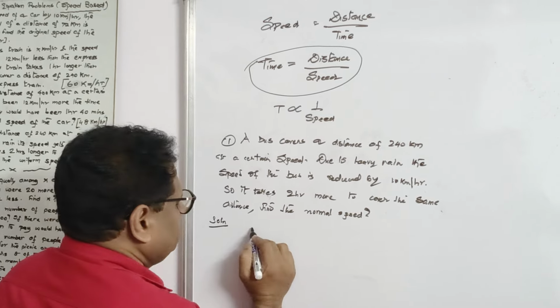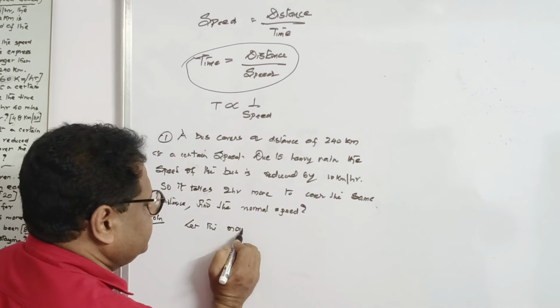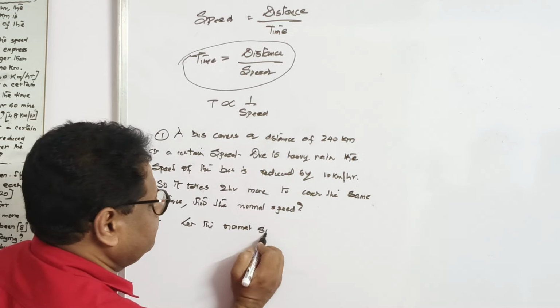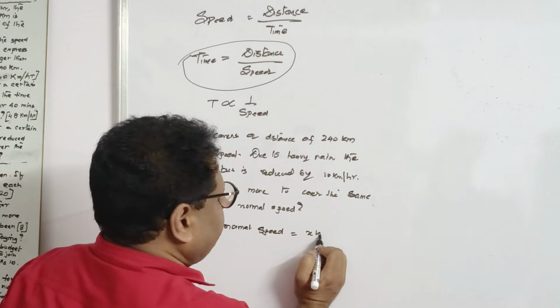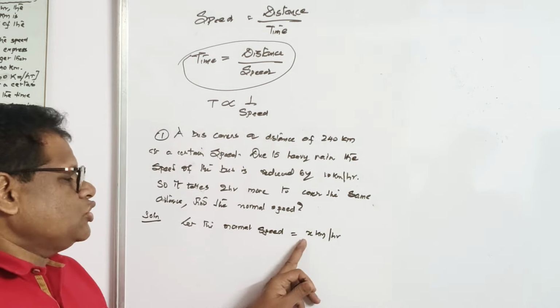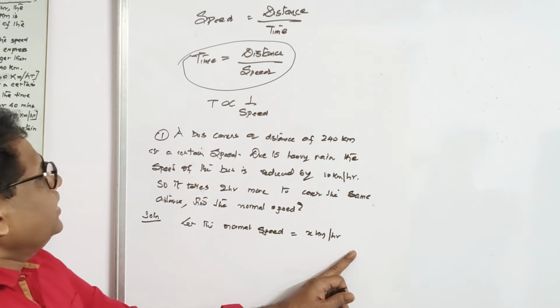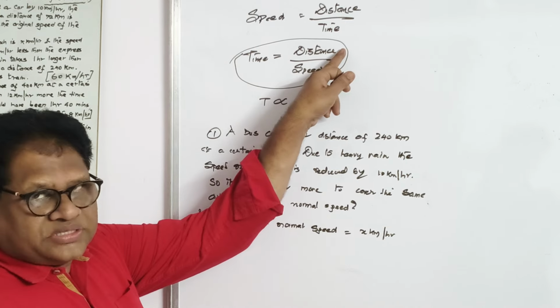Let the normal speed be x kilometers per hour. Remember the speed has to be in kilometers per hour so that you get the time in hours, provided the distance is in kilometers.